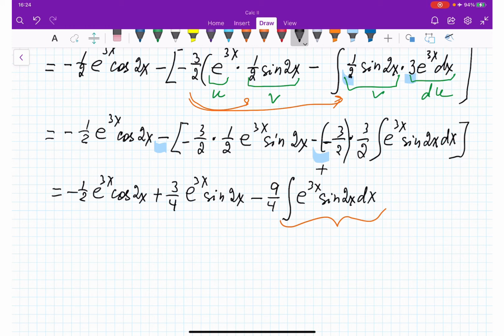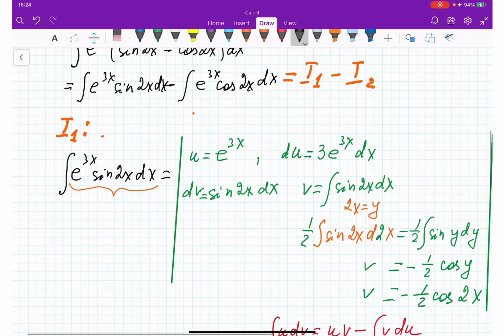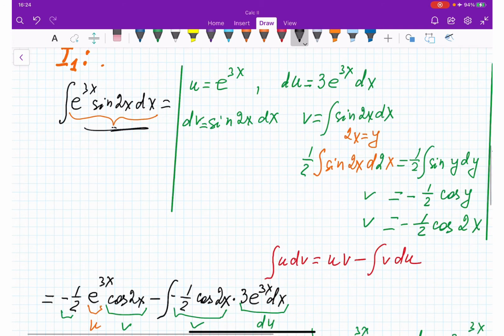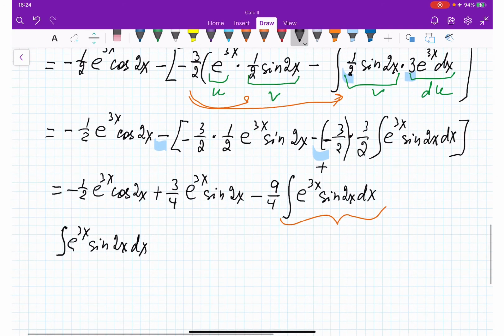So we have integral, my I1, right? That's my I1, integral e to power 3x sine 2x dx. I'm writing down this one, okay? And moving this negative 9/4 to the left side of the equation. 9 over 4 integral e to power 3x sine 2x dx.